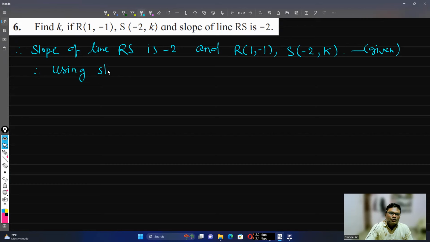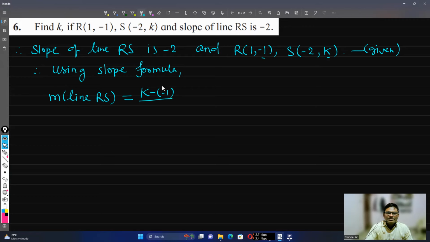Therefore, using the slope formula, slope of line RS must be equal to y2 minus y1 upon x2 minus x1, that is k minus minus 1 upon x2 minus x1, meaning minus 2 minus 1.